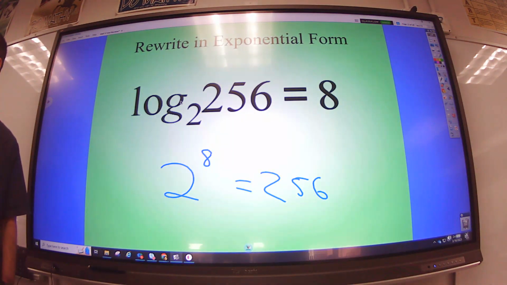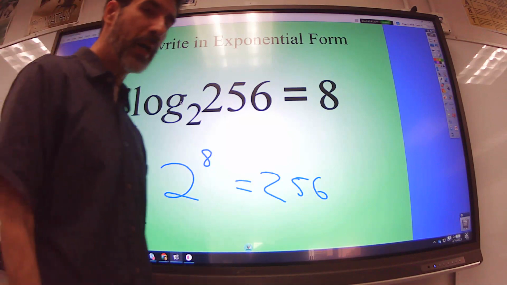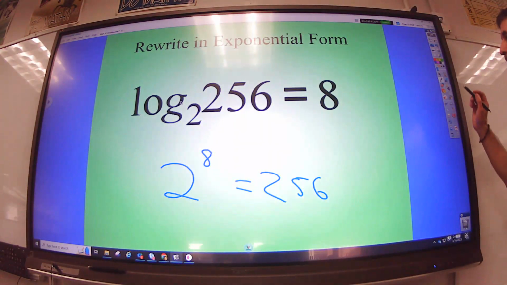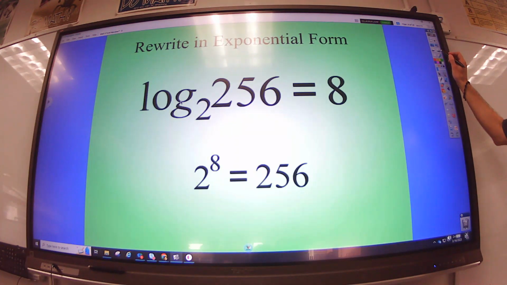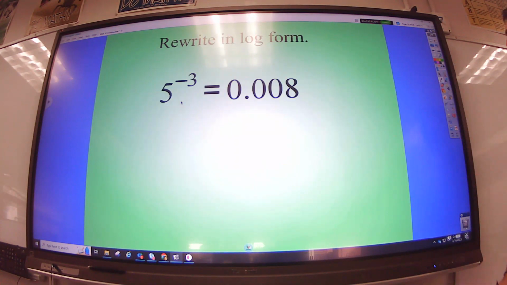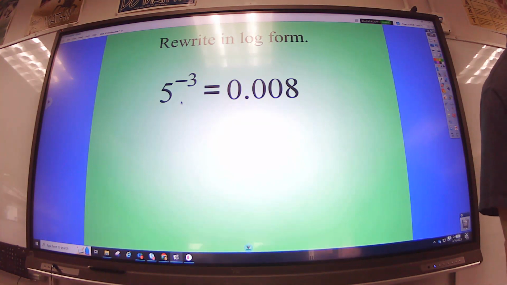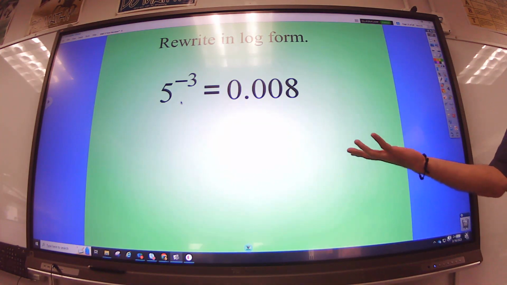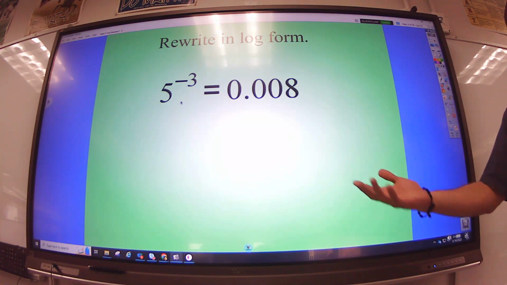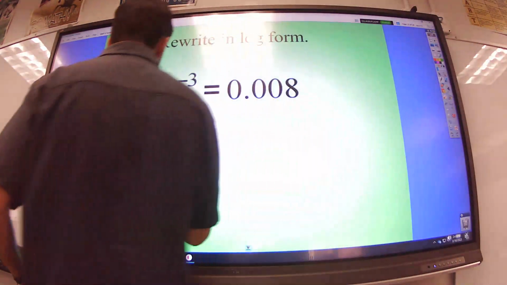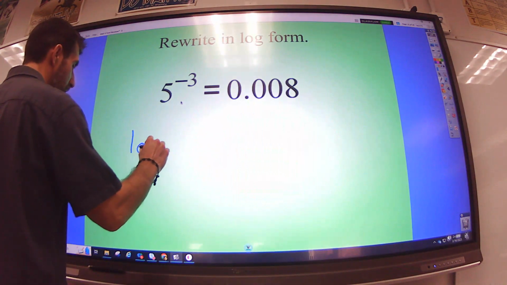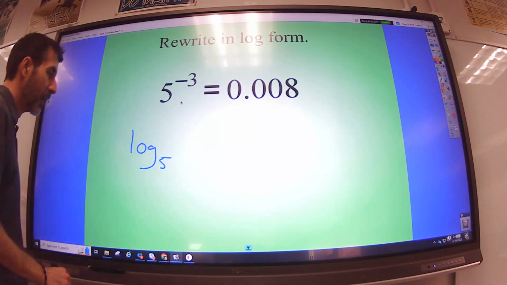Now, write this in logarithmic form. So, what's my base for this? 5. So I'm going to write in log form. Where's my base for log? Base 5. Make sure you write the 5 smaller and lower, right? I'm going to put my equals over here because I need some space. Flip it. Yes. 0.008. Flip it. Negative 3. Is that true?